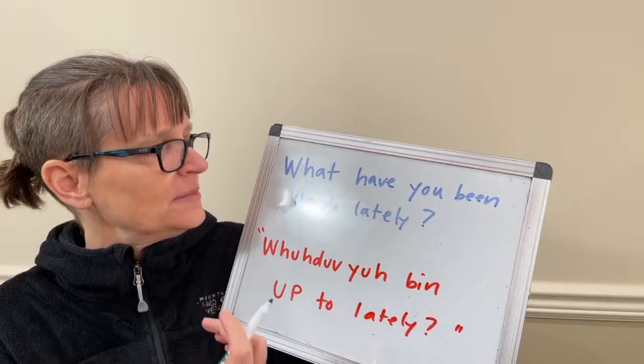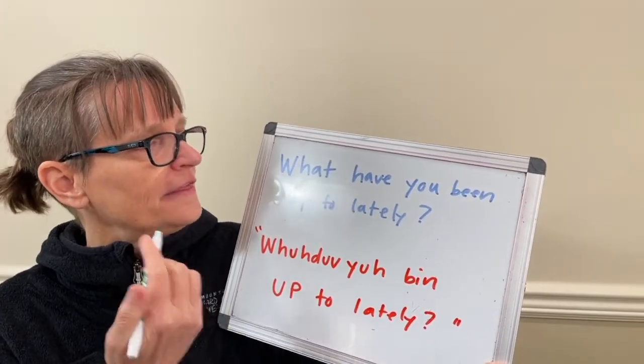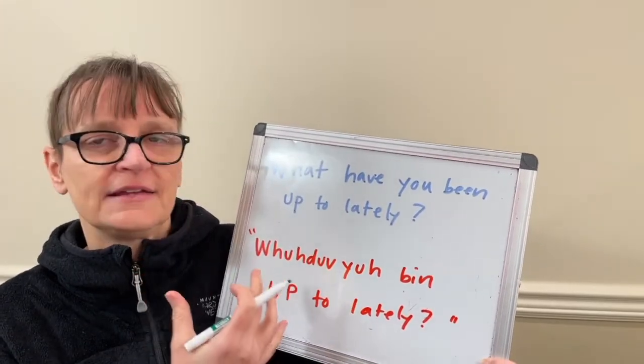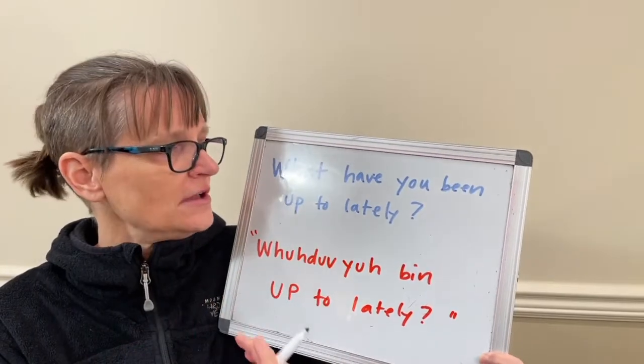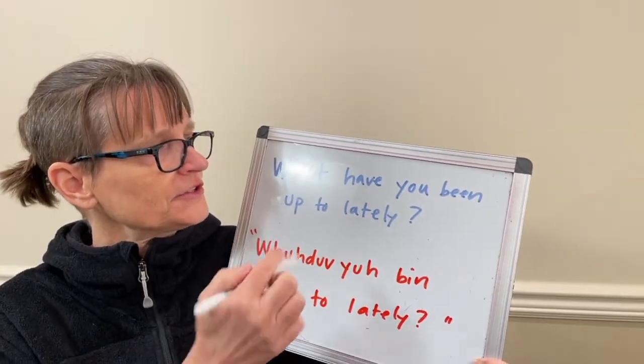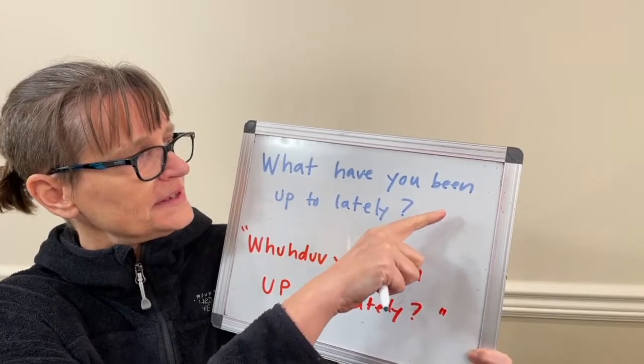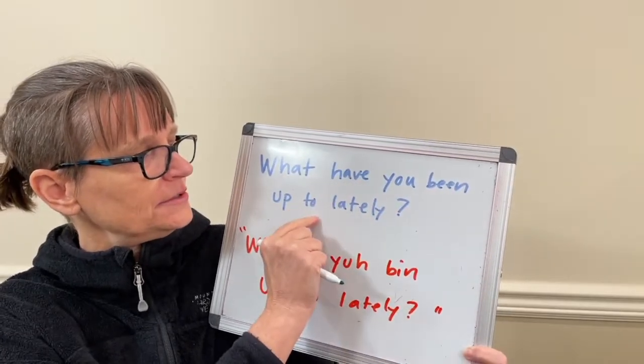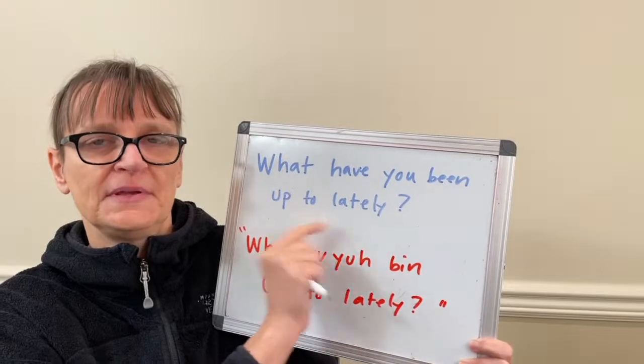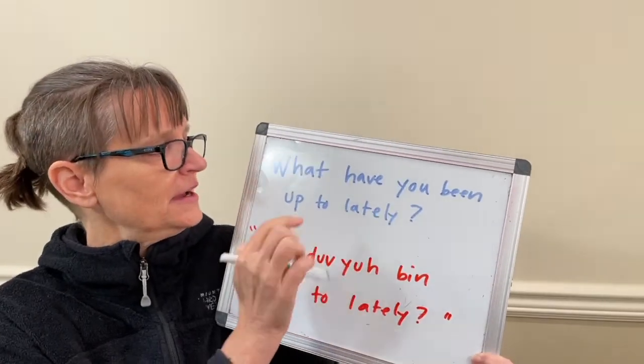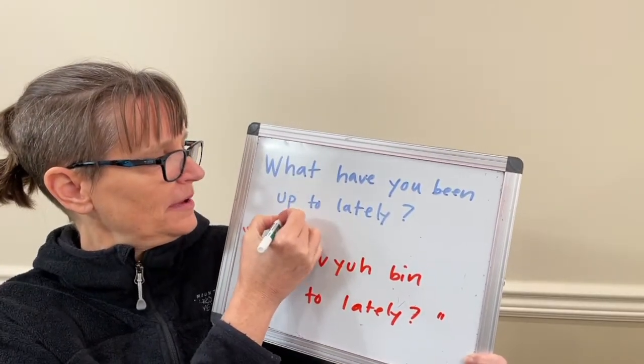So in what have you been up to lately? The verb near the end is going to get stressed, also maybe lately. So the verb is have been up to, and the way we stress it, we stress on the up of up to.